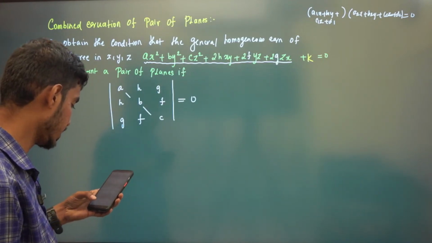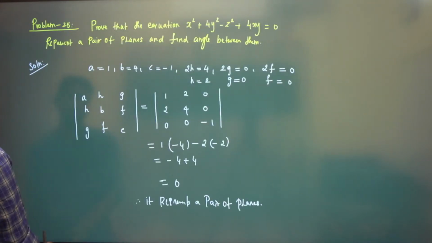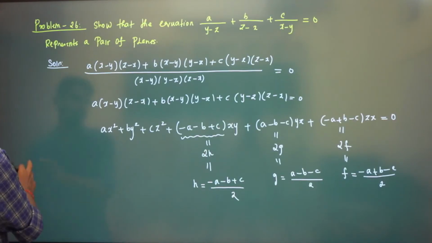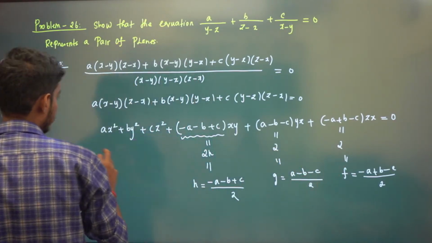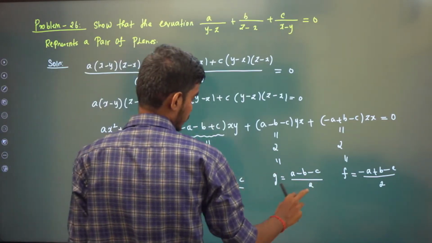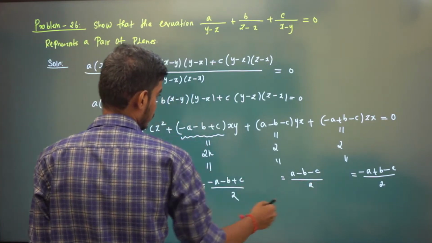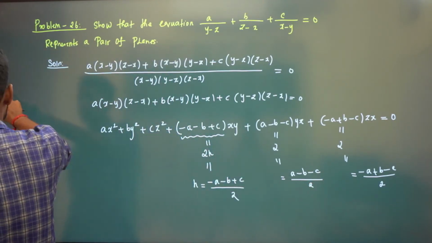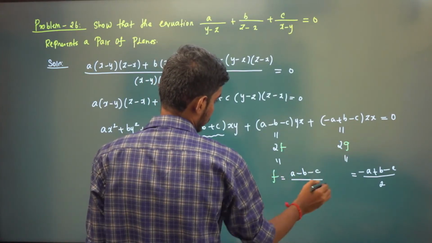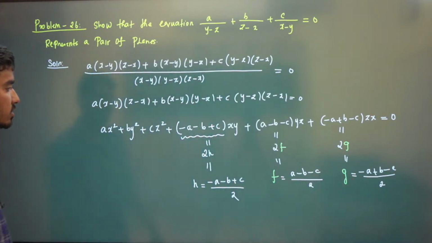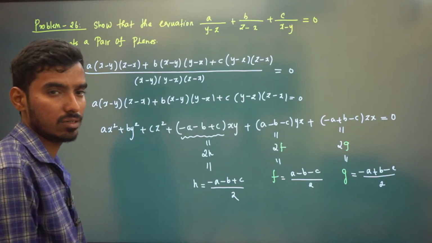That means this will be 2f, this will be 2g. Right? So just change this to 2hxy, 2fyz, hfg. Right? Change this order.